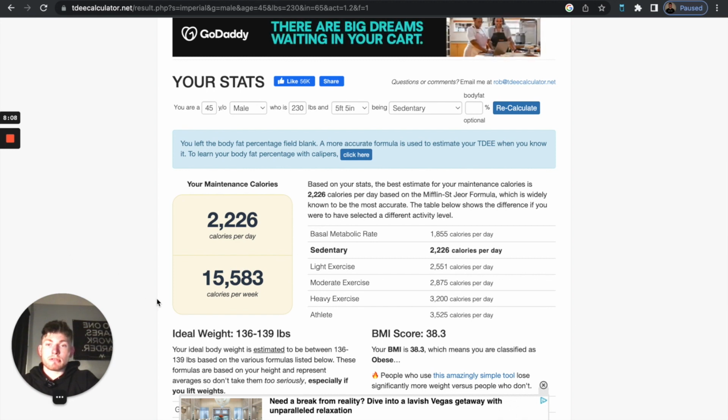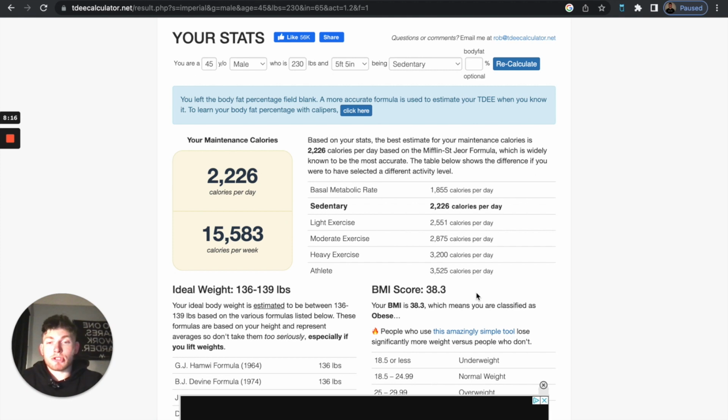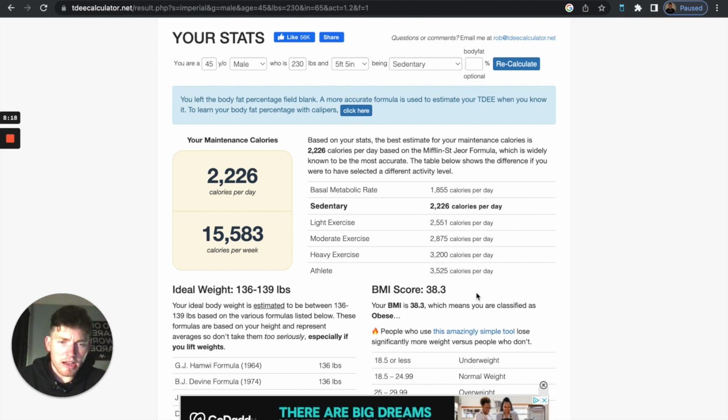Now I'm going to shoot back over. Oh, and one big thing as well. A lot of the time, with a lot of clients that I have, they tend to undereat. So let's say I figure out my calories as far as my maintenance goes, so 2,226, but I'm only eating 1,500 calories a day.